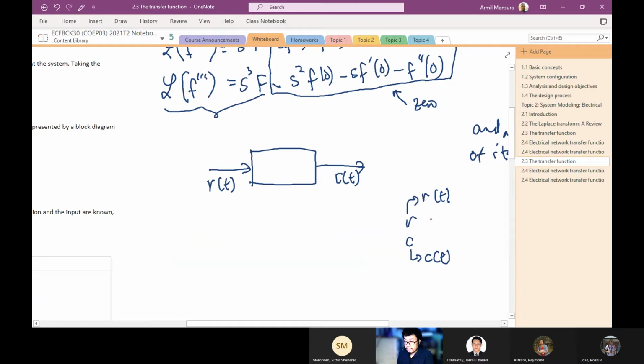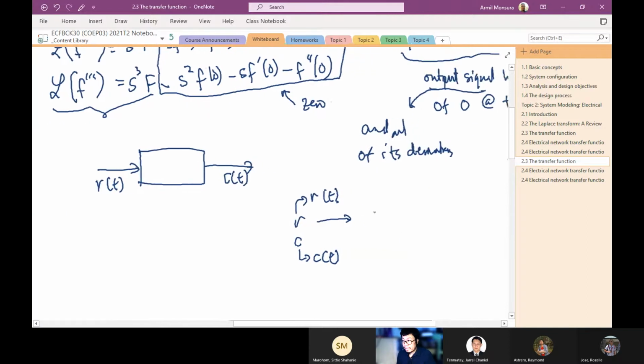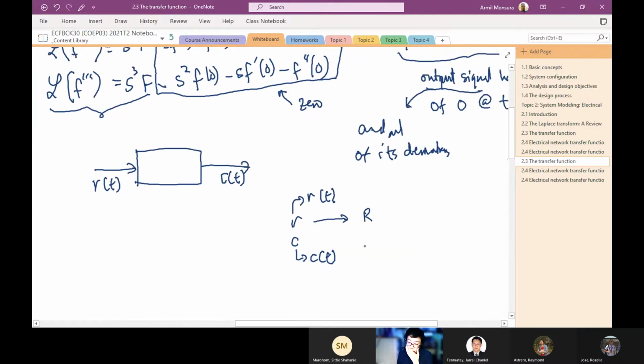Okay? And in the same manner, pag kinuha ko yung Laplace transform ng R, I can write it as the uppercase R. Okay, pero pwede ko rin siyang isulat as R of S. Again, yung S dito is the independent variable now in the Laplace transform or in the Laplace domain. So in the Laplace domain, our independent variable is S. Okay?